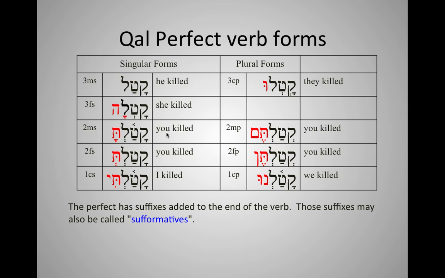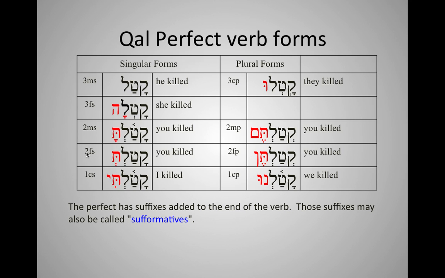The subject is you, and it means that subject is also masculine. So you killed means that we're speaking to a masculine subject. There's only one subject there, you killed. And that's denoted by this special ending, a tav with a kametz vowel below it.